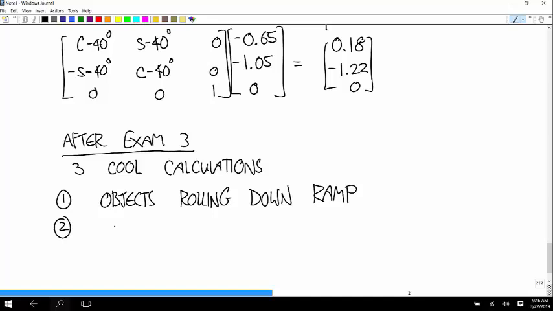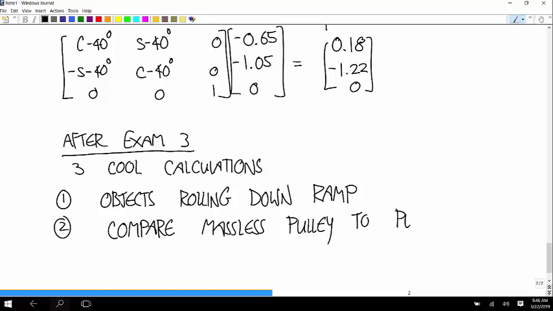So we're going to compare a massless pulley to a pulley with a given mass and size.